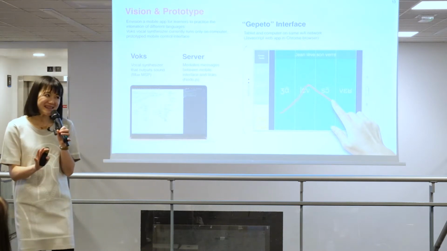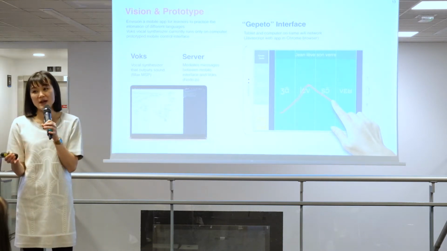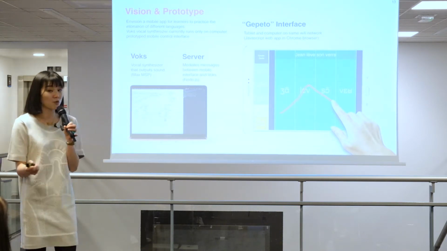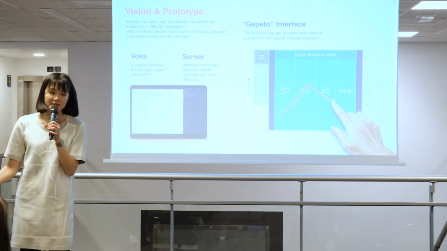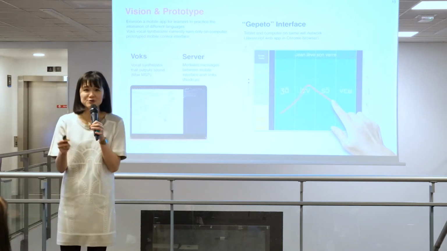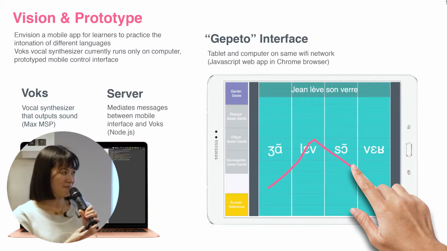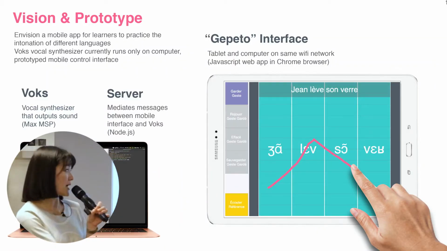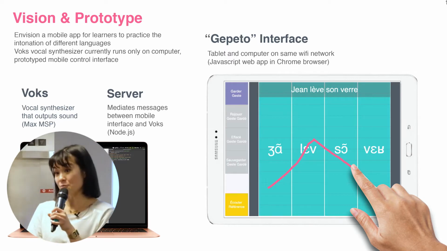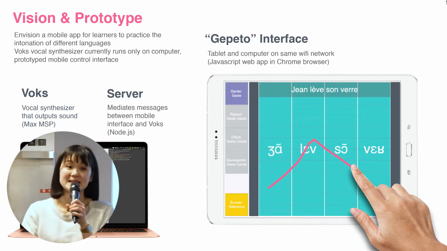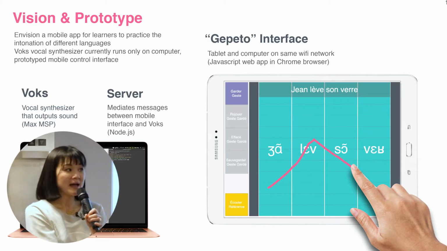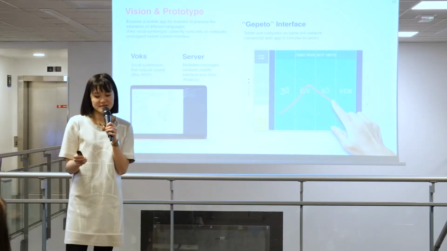Now, we're not quite there yet technologically, because right now the vocal synthesizer that I'm working with lives on my computer. And so for my research, I've had to hack together a sort of server client structure where there's a mobile app that runs in the browser, and any device that opens that browser can talk to the computer that's controlling the vocal synthesis.